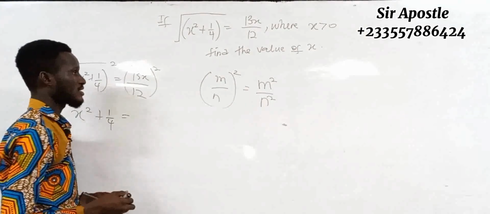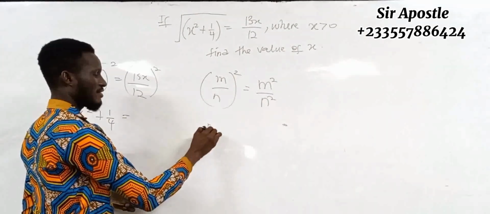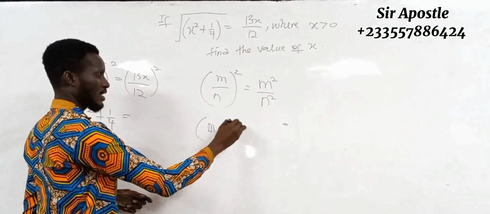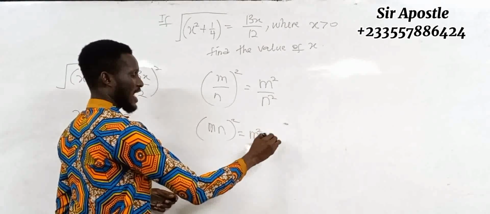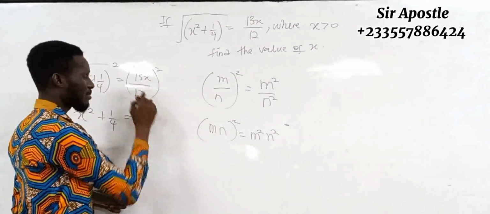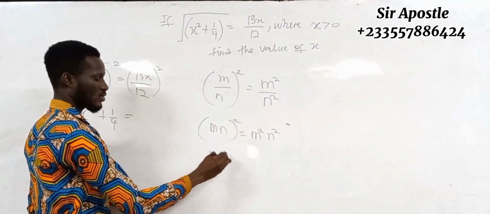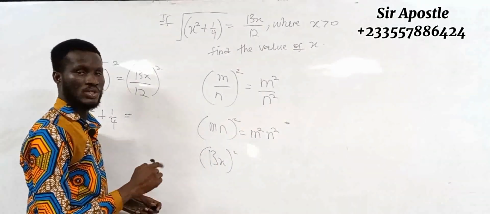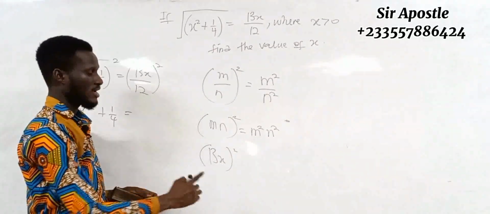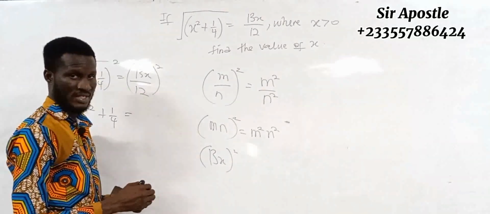If I have mn all squared, the square is affecting the m and at the same time the n. So the same applies here. If I have 13x all squared, the square is affecting 13, which will give us 13 squared, and then the square will affect the x, which will give us x squared.